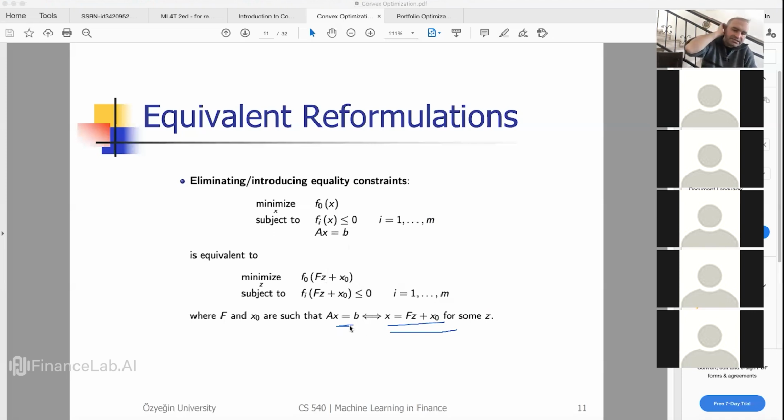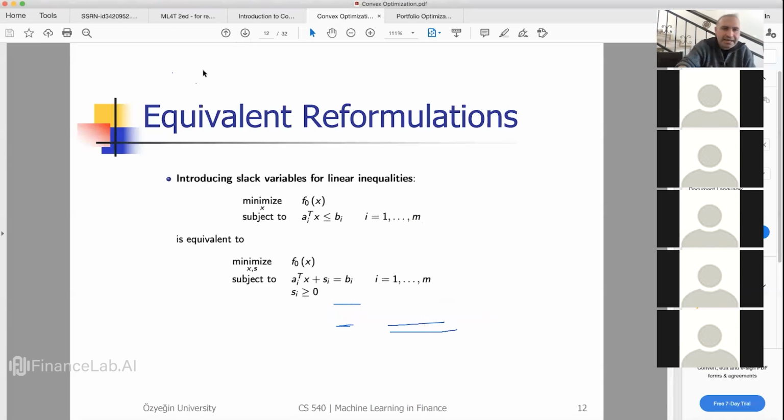In this case, we find F and x0 such that x equals Fz plus x0 for some z. Then the minimization problem becomes over z instead of x. And it becomes f0(Fz + x0) and f_i(Fz + x0). And that's one way to eliminate the equality constraint.